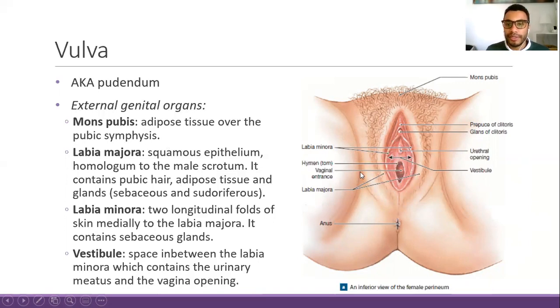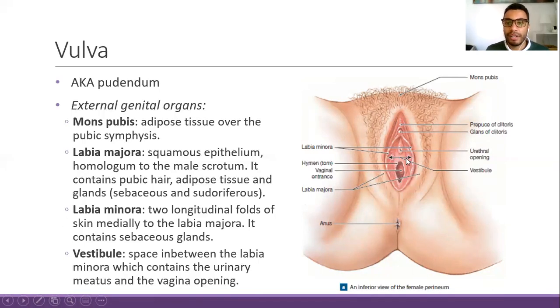The vestibule is this area here, the opening that you can see. You see these arrows here. So this is the vestibule. The vestibule actually is everything that is contained inside this space, internally to the labia minora, from the labia minora to the other labium minor, so you have the two.